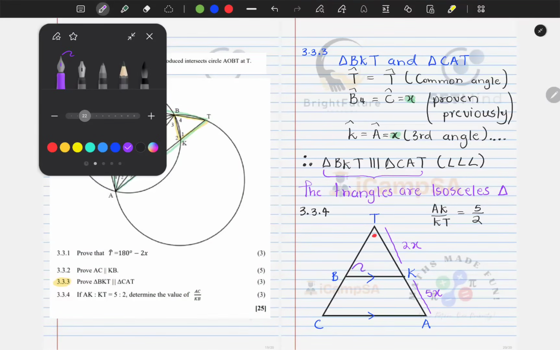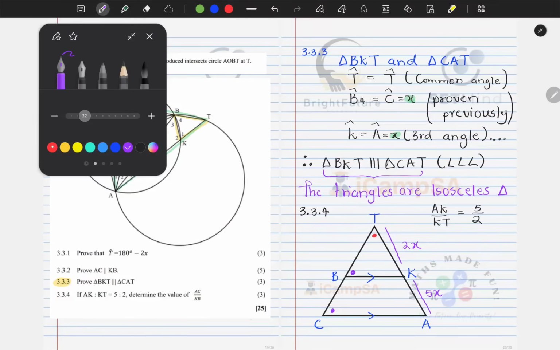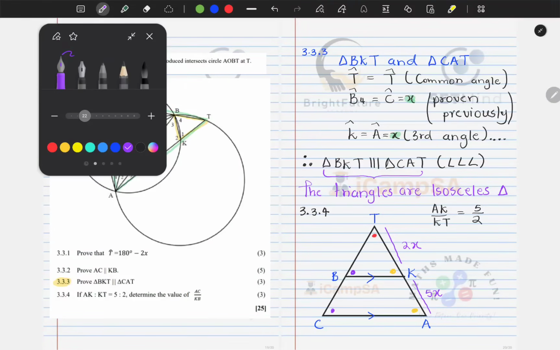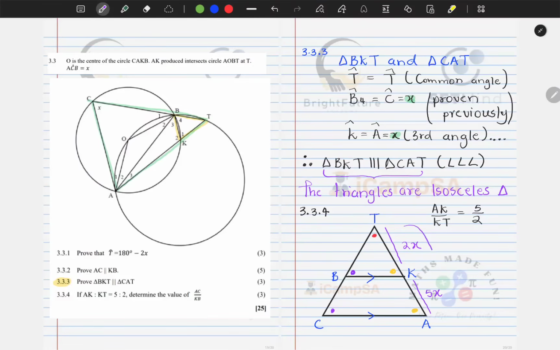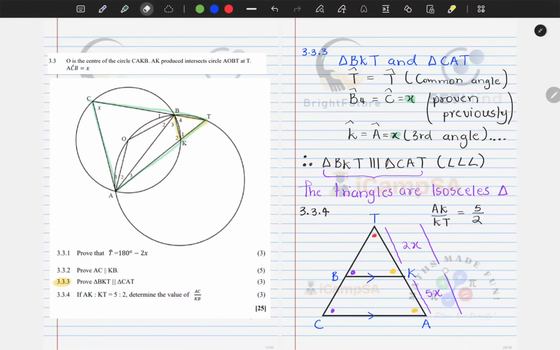So this angle here and that angle, they are equal, and this angle here and that angle there, they are equal. What you should note is that the total side here, or this total length, will therefore be equal to 7x.